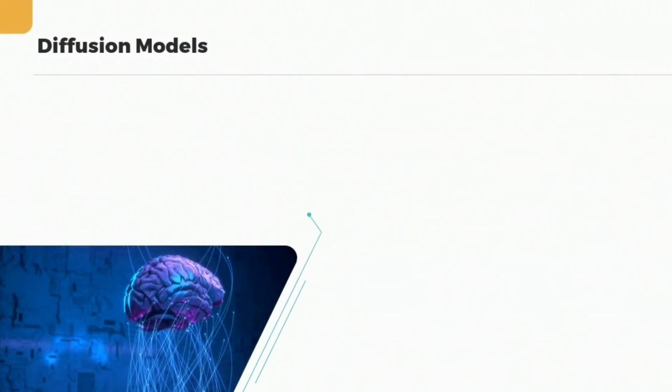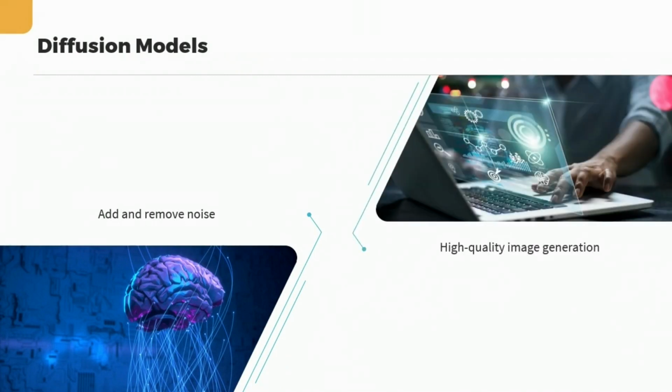And the diffusion model works in a similar way. They add and then remove noise to generate quality images, and they are very good at high quality image generation. Their images are near photorealistic of natural scenes. Now, this model came in about 2015 from Stanford, and we used things known as reverse entropy and noise.